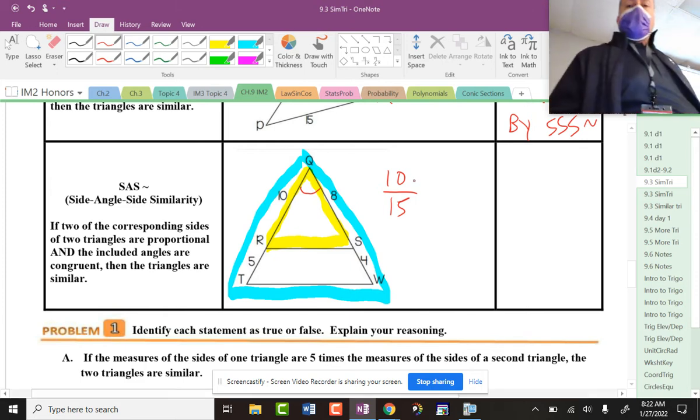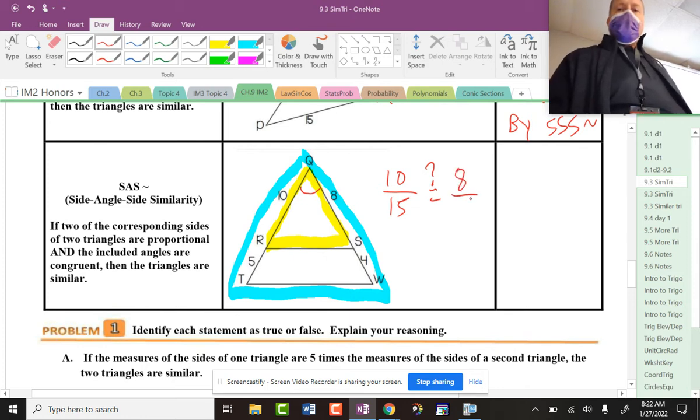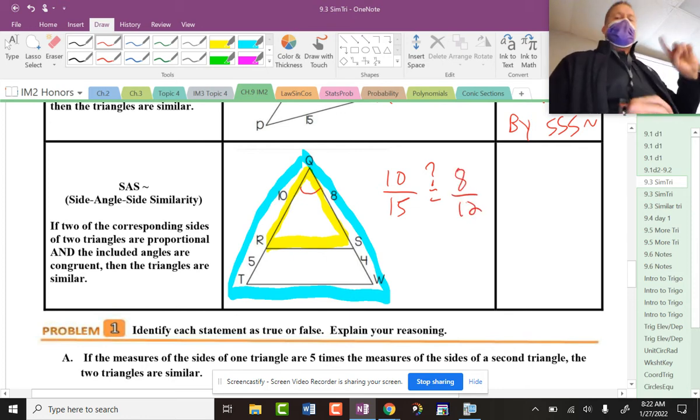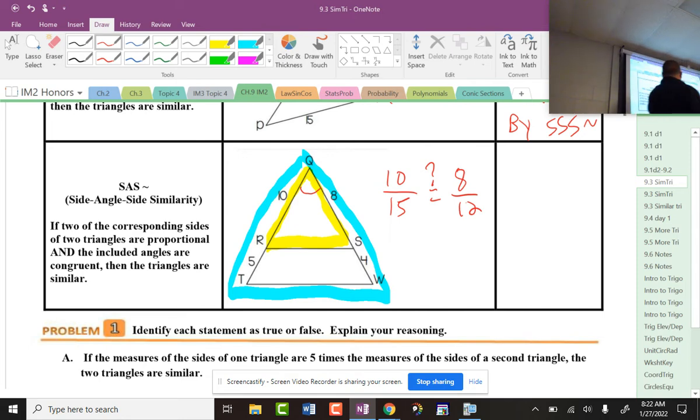Does that equal, question mark, 8 over 8 plus 4, which is 12. Same thing on that one. So that would be side, angle, side for that.